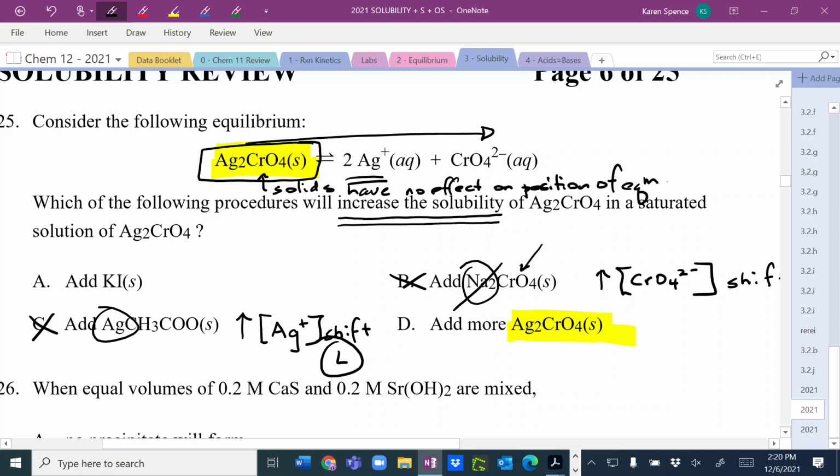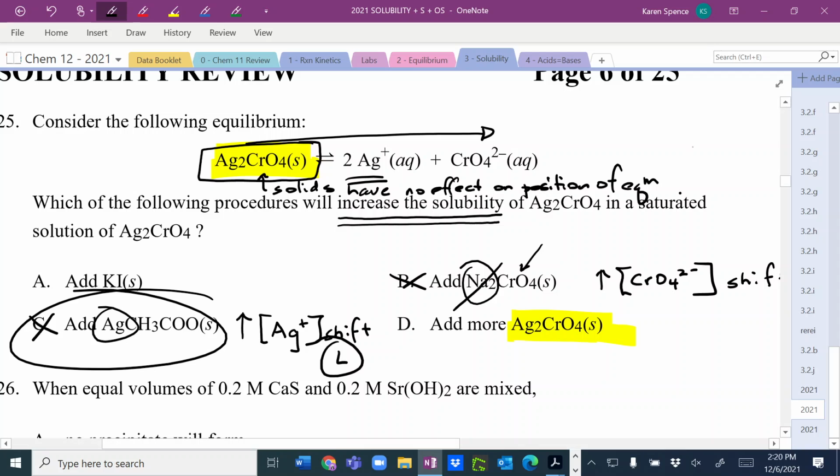Like solid silver? It would have no effect because it is not silver plus. You can't add just that part alone. Ions have to be part of a compound. They don't come on their own, ever.